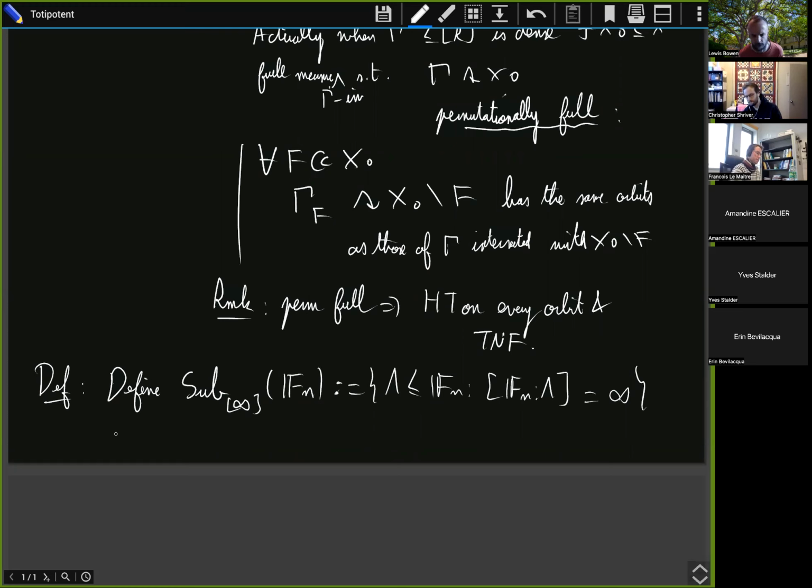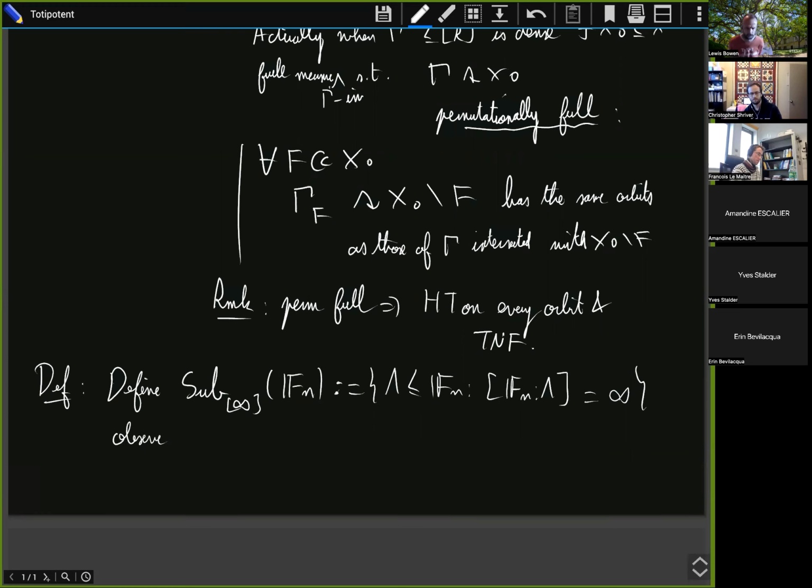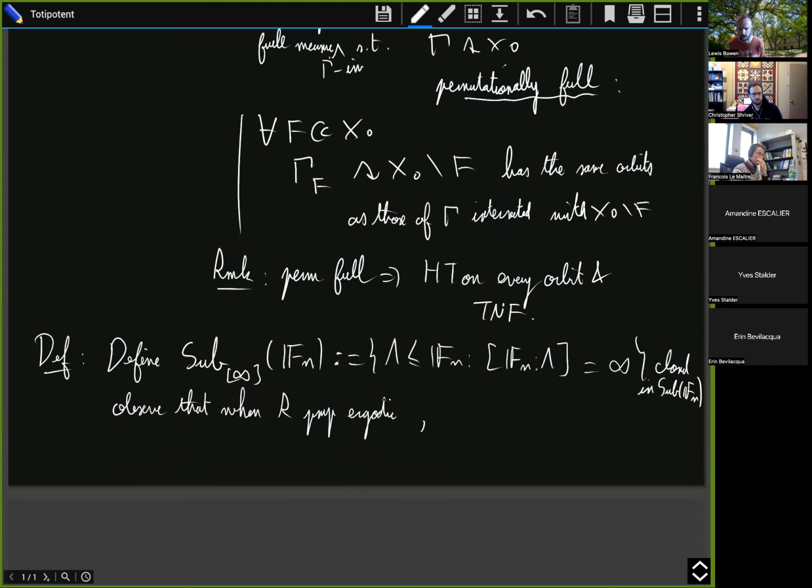So observe that first, this is a closed subset of the space of subgroups of the free group, and one can actually show that this is the largest perfect closed set in there, but I don't want to spend time on this.